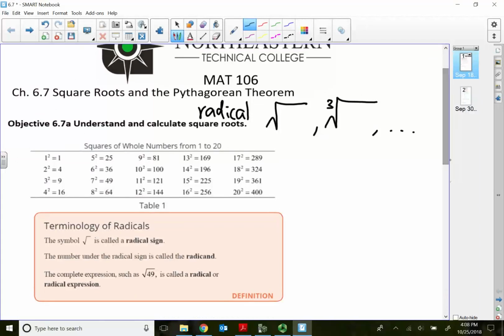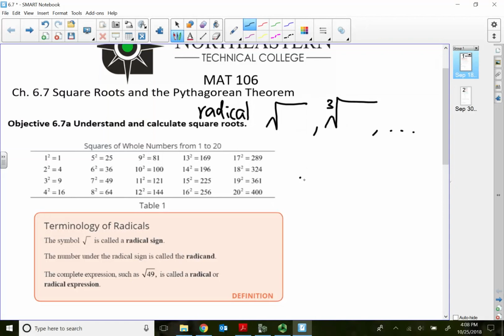So what's the big deal about radicals or square roots? In math, every operation has its inverse or opposite operation, just like add and subtract are opposite to each other, and multiply and divide are opposite.